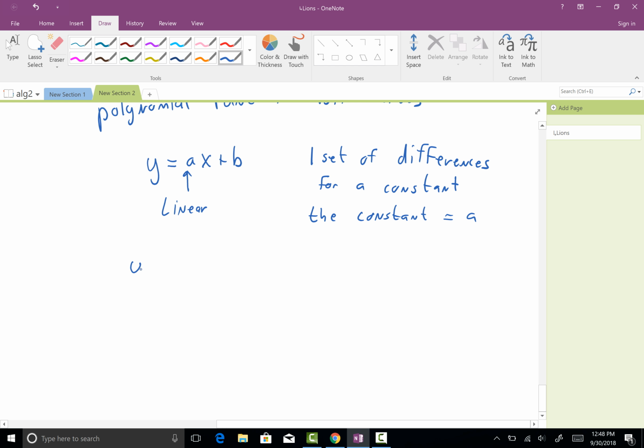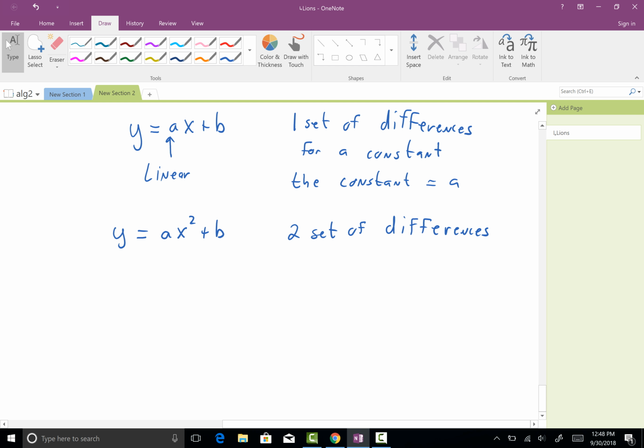What happens when we have a curve? So for example, I did this, right? Now I made the n value, by the way, this is the n value, 2. Well, how many sets of differences did it take that time? You should have said 2 sets of differences before we got that constant.